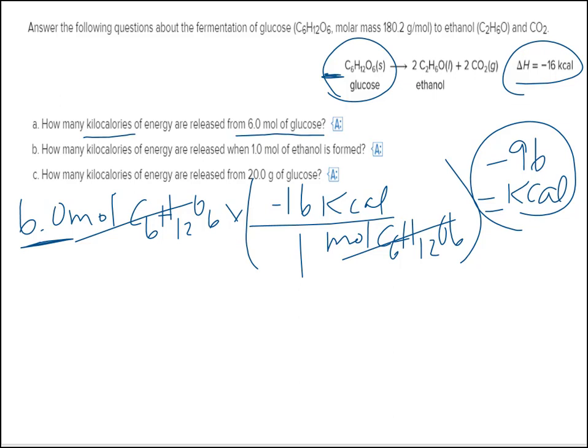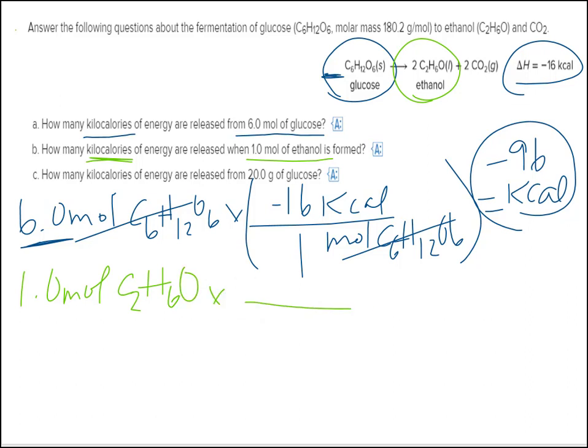Okay, let's look at number 2, or letter B. How many kilocalories of energy released when 1 mole of ethanol is formed? Okay, so here is my ethanol. So let's start with my 1.0 moles of C2H6O. All right, and let's look at my stoichiometric ratio. Again, I need moles of ethanol on the bottom, and I have 2.